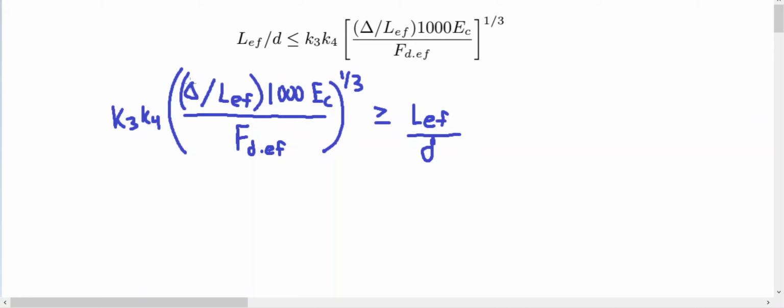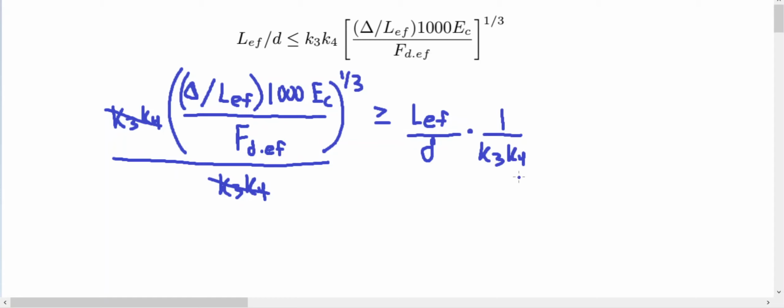Now, the first step to getting delta by itself here would be to work from the outside in and just figuring out what the antidote to each of the operations acting upon it is. So, for example, on the outside, we have a multiply by K3, K4, so we just need to divide both sides by that. So those will cancel, but if you do something to one side, you have to do it to the other. So dividing by K3, K4 is the same as multiplying by 1 over K3, K4.